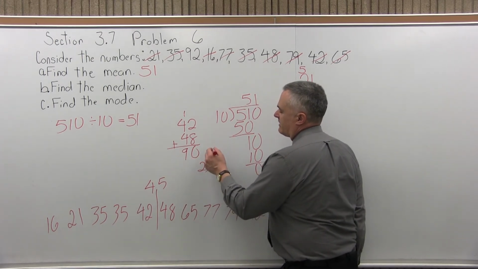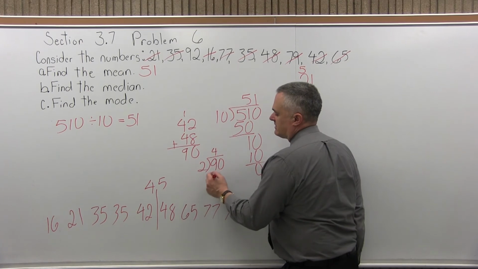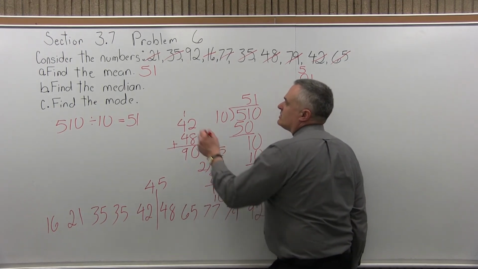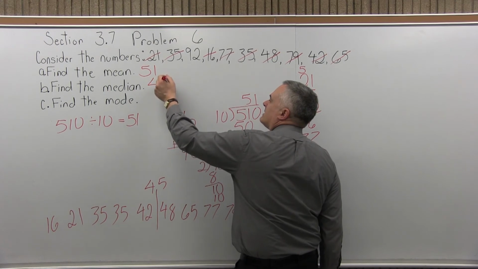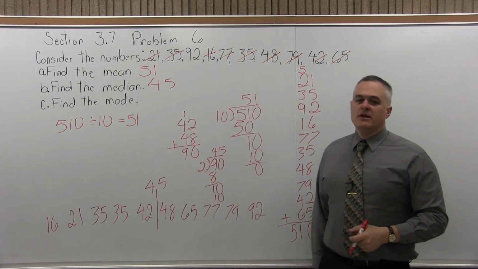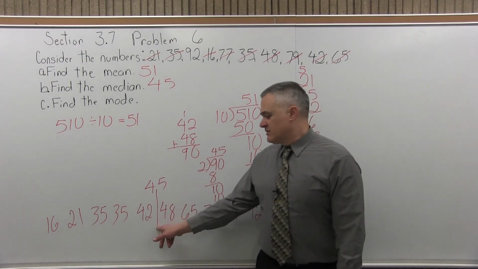So 2 goes into 9 4 times. 4 times 2 is 8. 9 minus 8 is 1. Bring down the next digit, which is the 0. 2 goes into 10 exactly 5 times. So however you happen to see it, the middle of this list is 45.